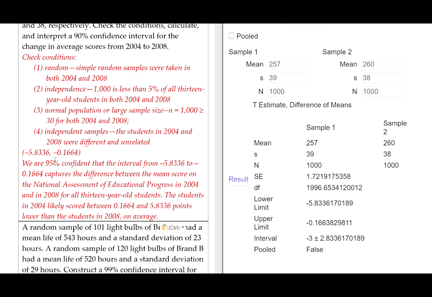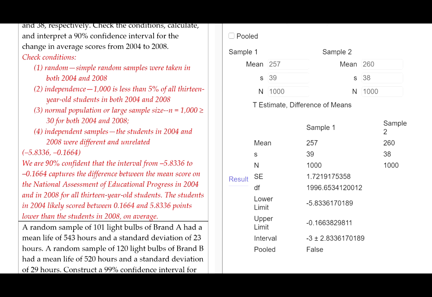This was a 90% confidence interval, so let me change that. We are 90% confident that the interval from negative 5.8336 to negative 0.1664, let me make sure that those are on the same line so that's not confusing to anyone, captures the difference between the mean score on the National Assessment of Educational Progress in 2004 and in 2008 for all 13-year-olds. So notice we're talking about the population of all 13-year-olds.